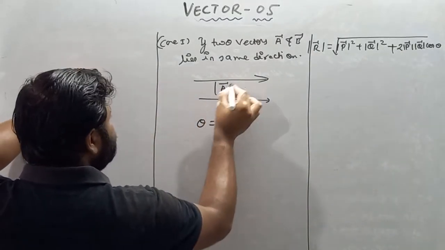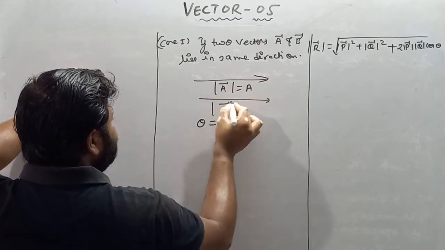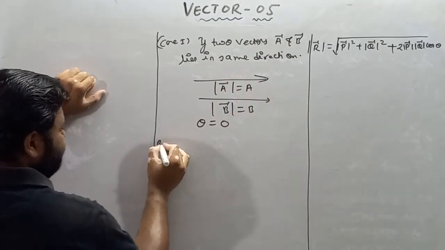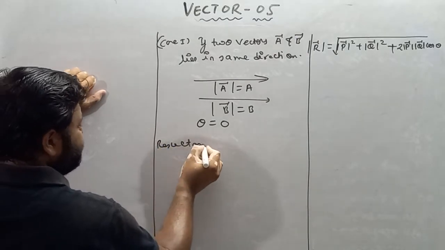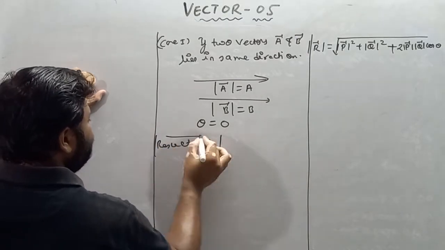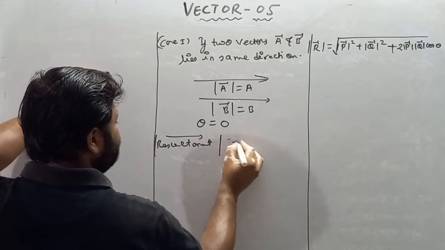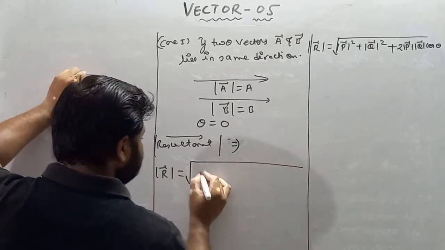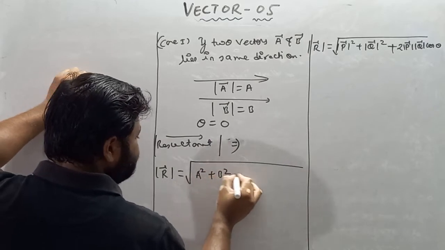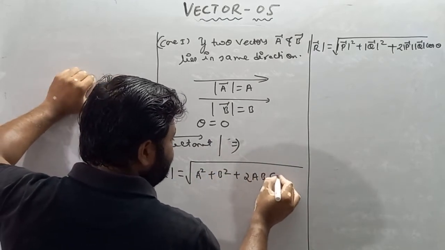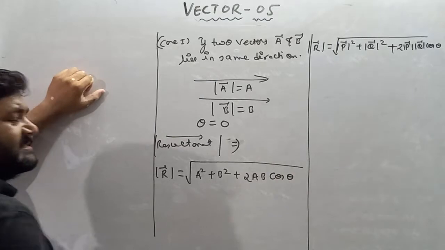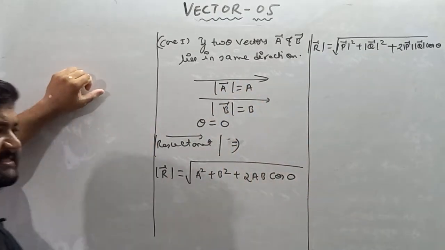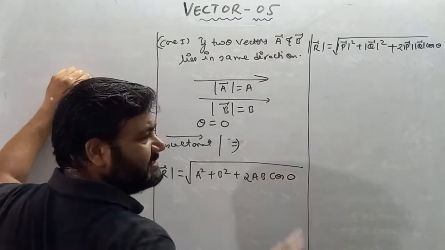Let's suppose the magnitude of A vector is A and magnitude of B vector is B. So the magnitude of resultant vector is equal to under root A square plus B square plus 2AB cos theta. So instead of theta, I'll write 0 degree because both the vectors are in same direction, and we know that cos 0 is 1.